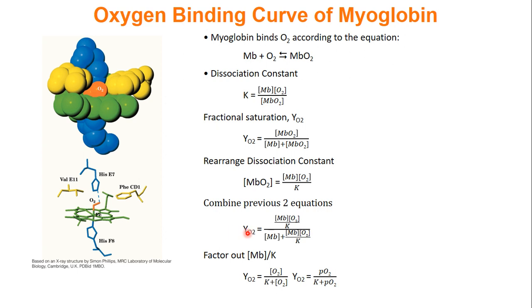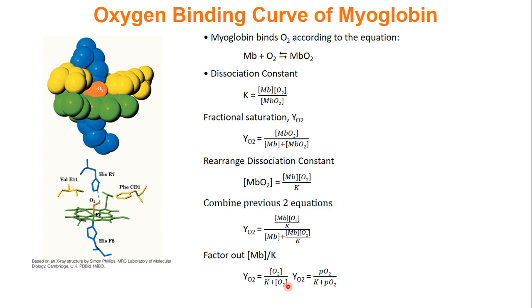So fractional saturation is equal to this mess here, but what we can do is factor out free myoglobin divided by K from each side of the equation. And what we see is that the fractional saturation, that is how much myoglobin is bound, is equal to how much oxygen there is divided by K, which is our dissociation constant, plus how much oxygen there is.